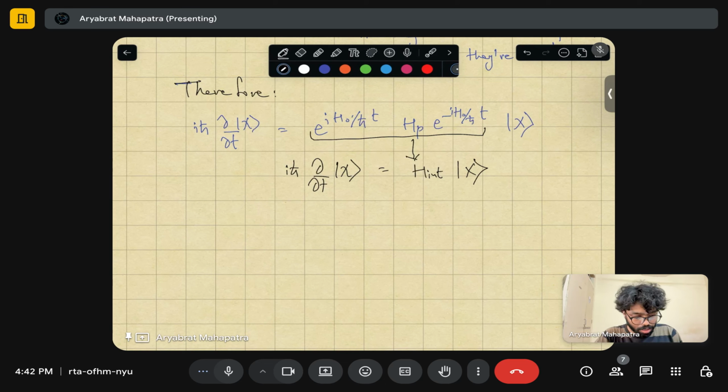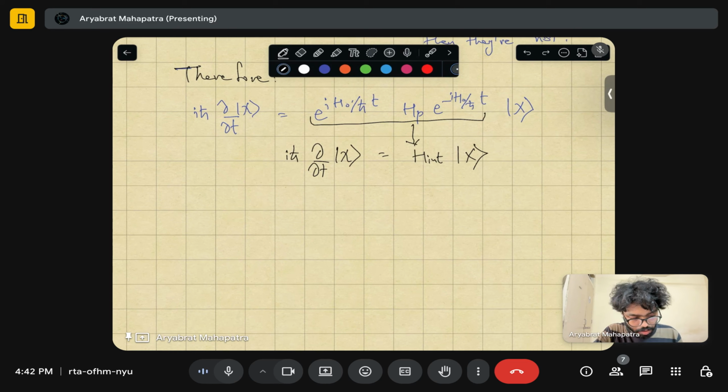So now to compute the complete wave function, the solution for this Schrodinger equation, you have to follow the usual process.